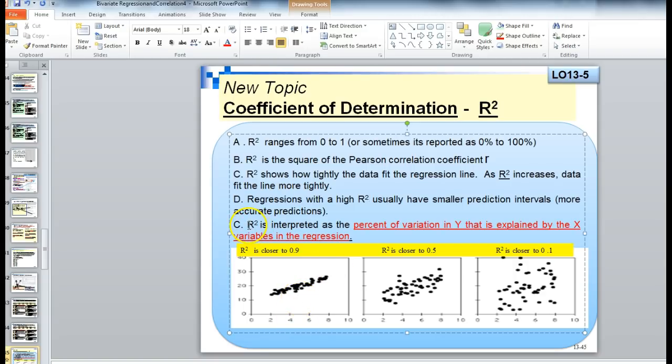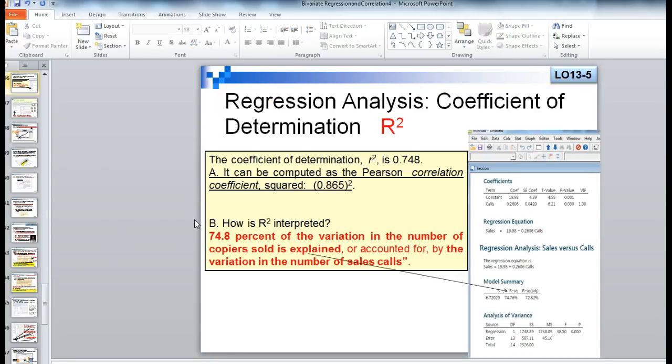And then the interpretation of R squared: it is the percent of variation in Y that is explained by the X variables in the regression. The percent of variation in Y that is explained by your regression equation.